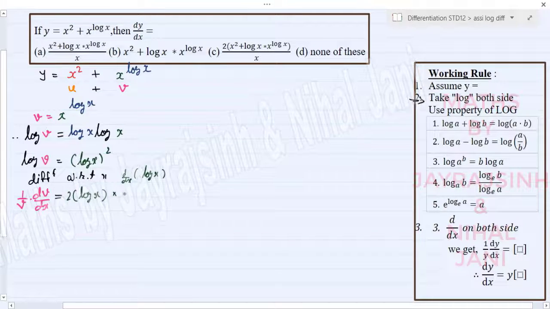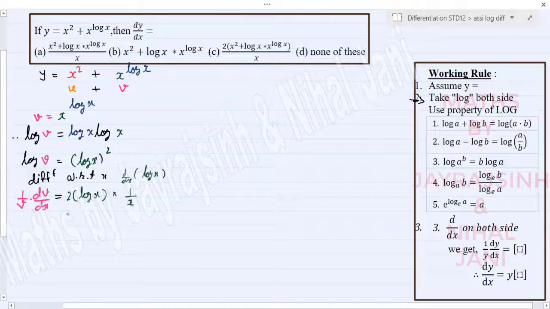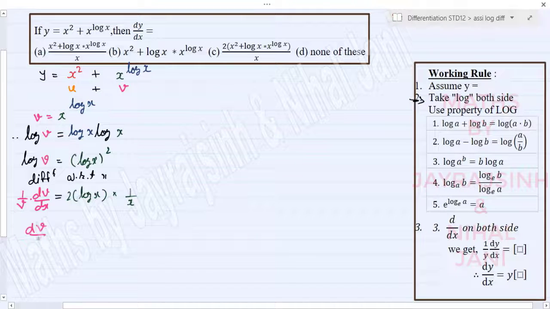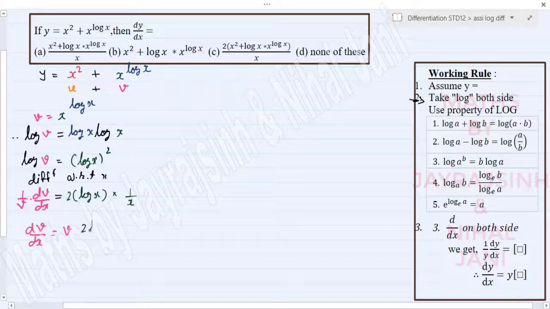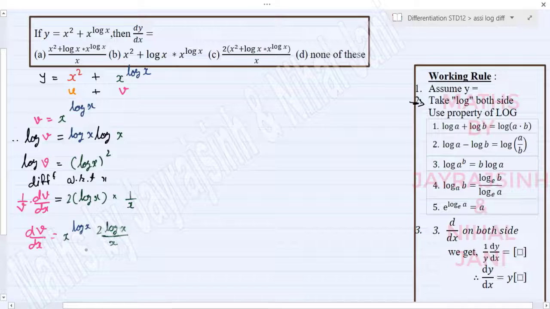Within the box we have log x. So we just have to multiply the differentiation of log x, which is 1 by x. So we can say your dv by dx is simply v into 2 log x upon x, or if we substitute the value of v, we will get x raised to log x into 2 times log x by x.